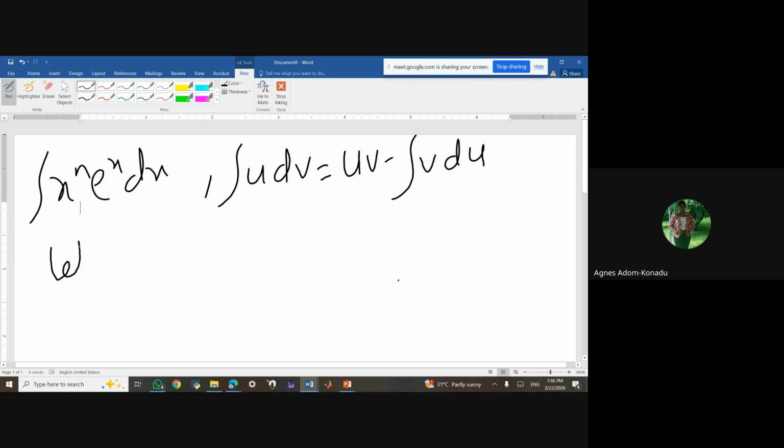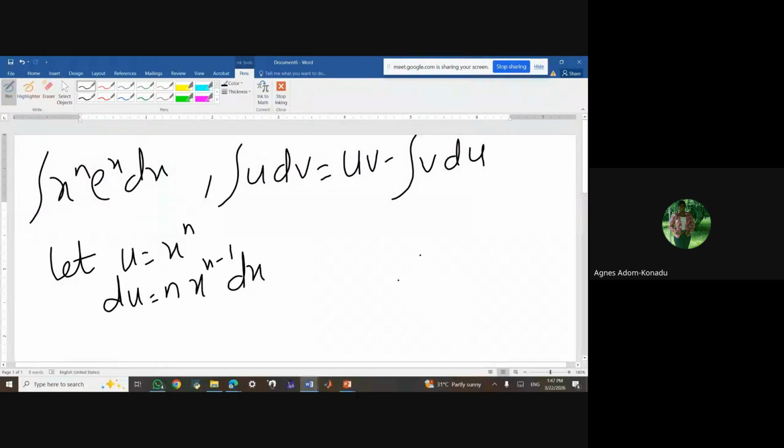So you said it is type 1, so my u will be x to the power n. Then when I differentiate, I get n x to the power n minus 1 dx. So that's my du.